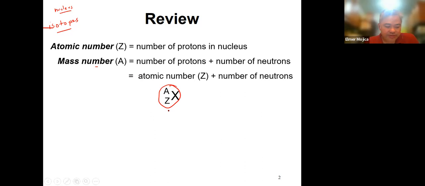Now, whenever we have this spontaneous radiation coming out from the atom, we have what we call radiation: spontaneous emission of energy from the atom. If we're going to look at this, which ones emit radiation? Usually they are what we call, what type of isotope? Unstable isotopes.